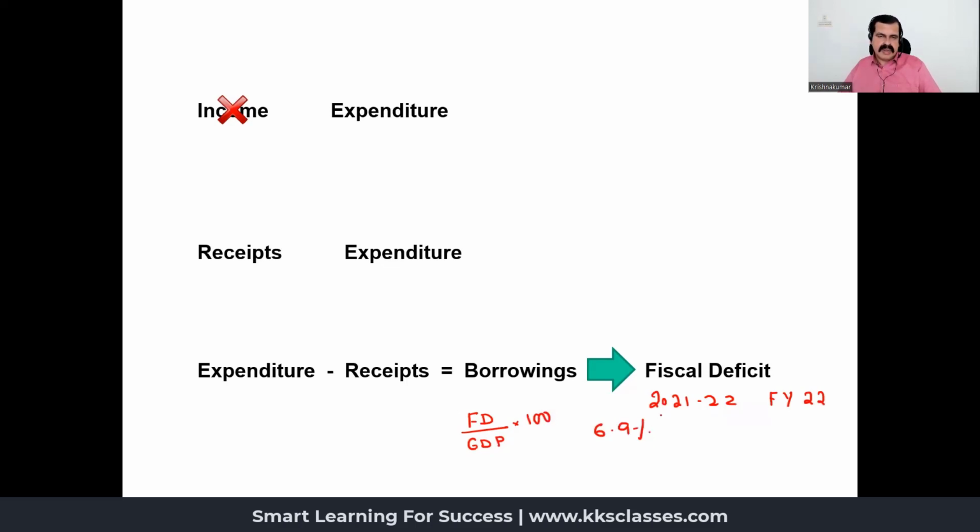But then understandably high because last year was bad in terms of the kind of receipts that we had, but still, in spite of that, tax collections were still good, and we were able to manage the fiscal deficit to something like 6.9%. And in the next year, according to the budget, so the budget has been presented for financial year 23, that is 2022-23, the fiscal deficit is pegged at 6.4%.